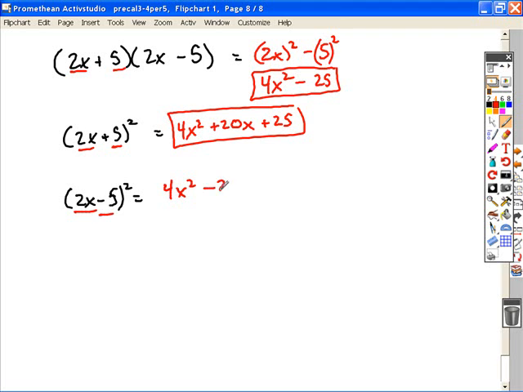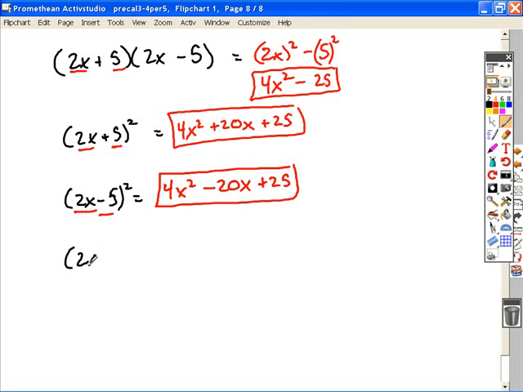When you double negative 10x, you get negative 20x. And then your last term squared, it's still a negative, but negative 5 quantity squared becomes a positive. So you don't have to think of separate rules for the sum and the difference of terms in your binomial square. It's always the same rule.